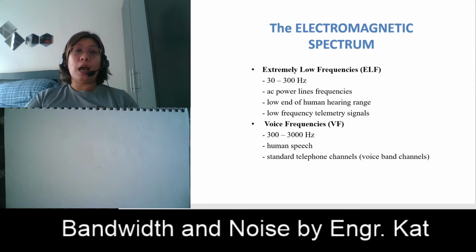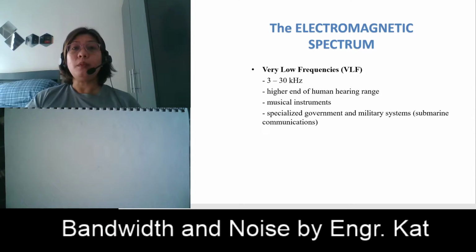Okay, so when you want to send measurements to space, we use this frequency range. And then human speech falls under this. And since what is being used in telephone channels or standard telephone channels is voice, standard telephone channels also fall under this range. So, very low frequency, higher end of human hearing range.